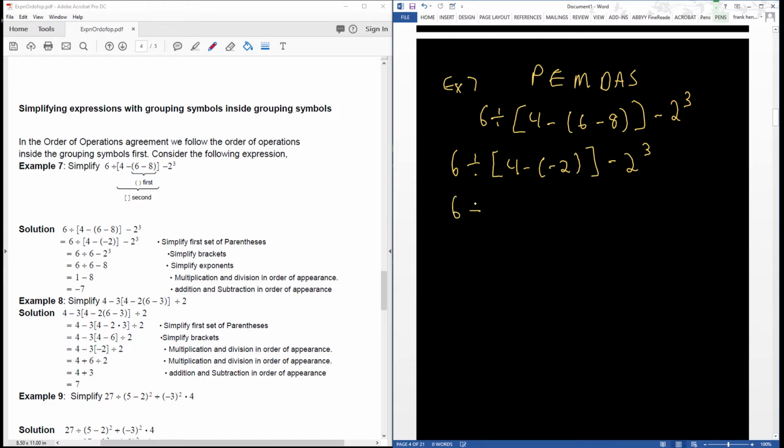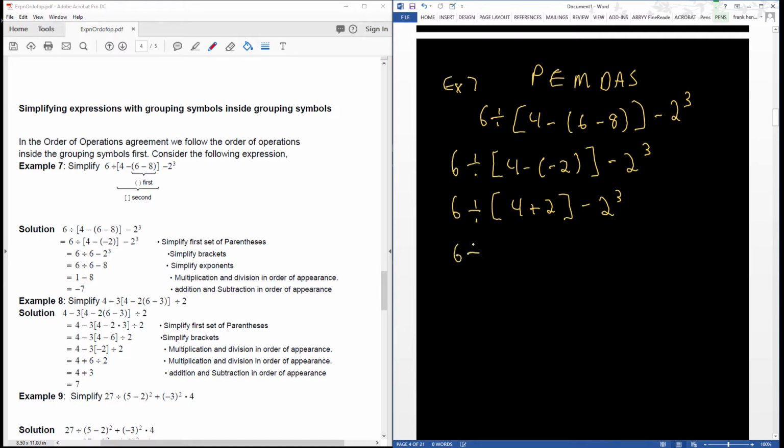So I have 6 divided by, here really what I have is 4 plus 2, because minus a negative becomes plus a positive. So 4 plus 2 is 6.